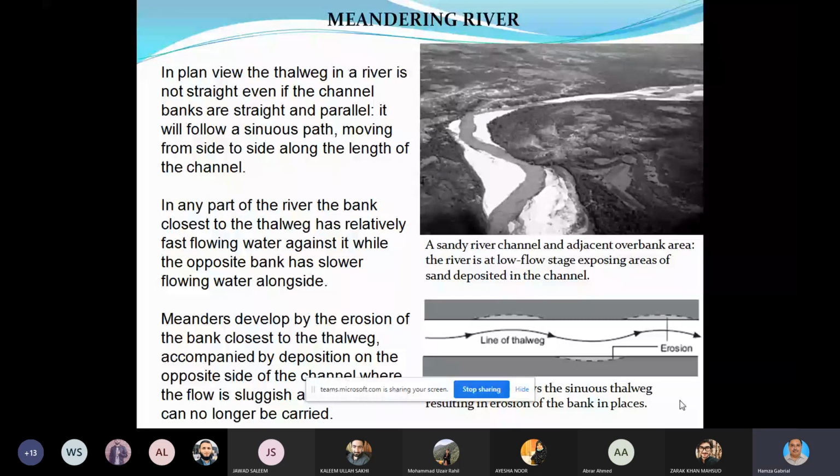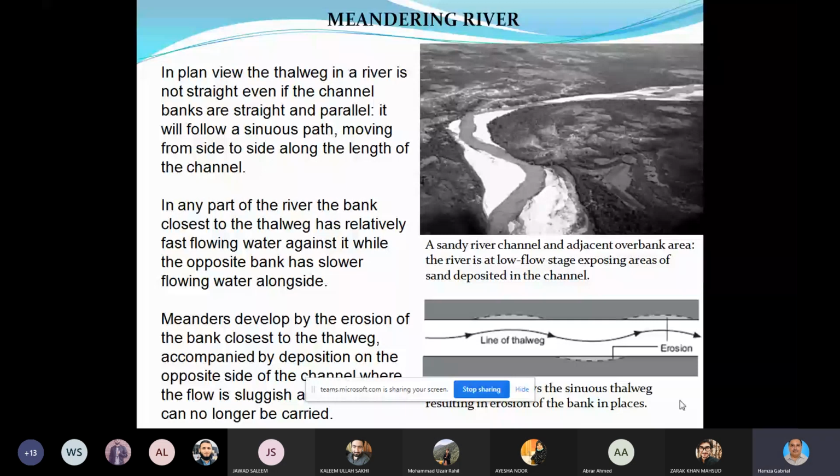And you see that the bank which is closest to the thalweg has relatively fast flowing water against it, so it will be eroding that bank, and where there is less velocity, it will be depositing.